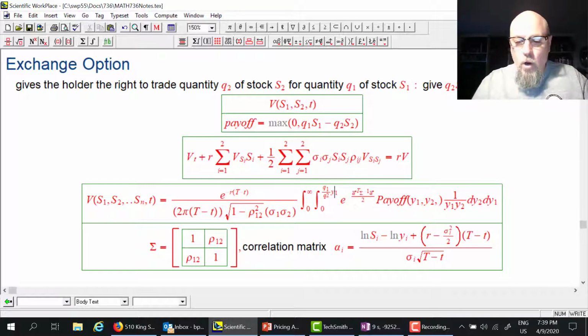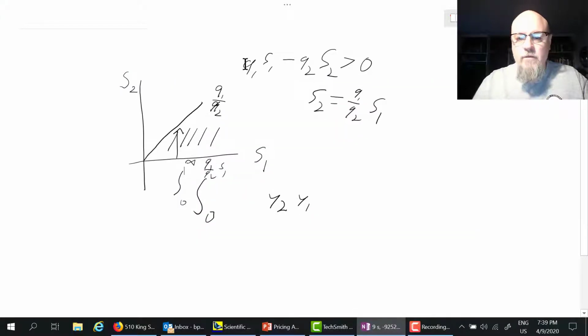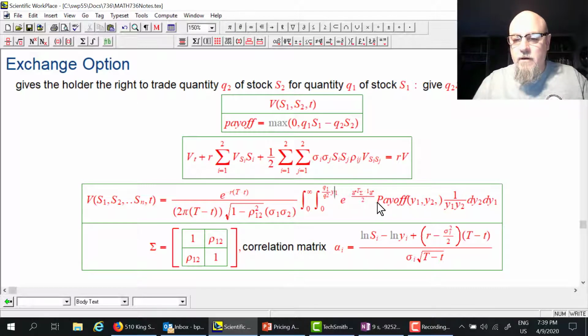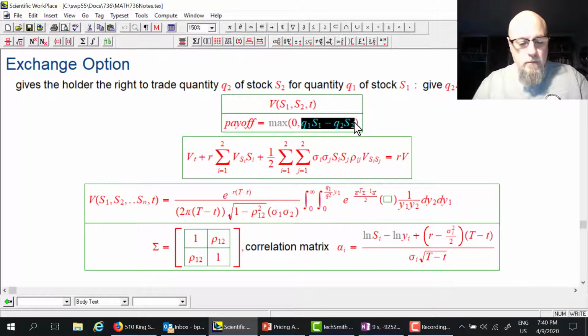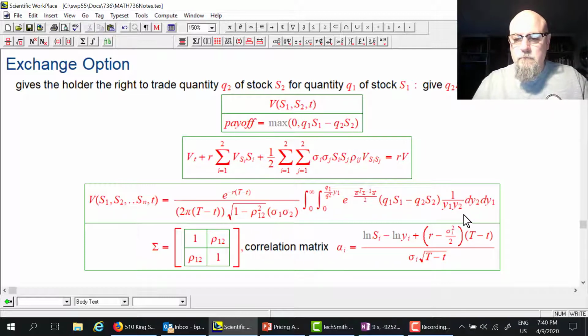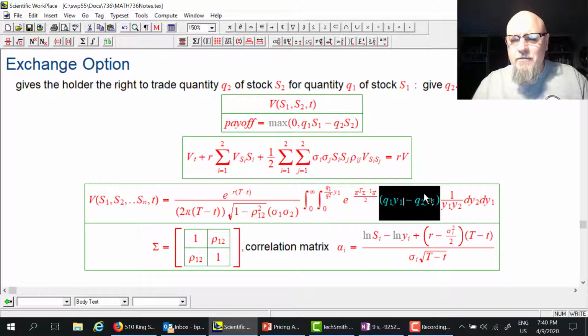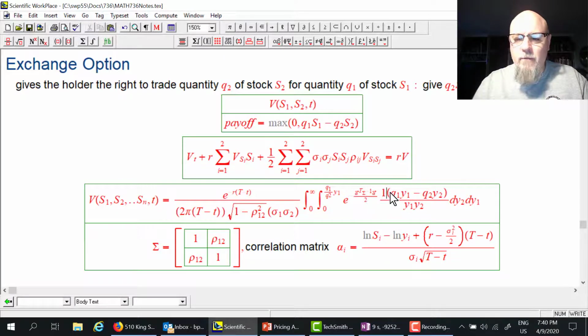Now we're only in the region where this expression is positive, so instead of writing payoff here, I can put in the actual positive piece, and I want to write that in terms of the y's. Really, I feel like this doesn't look too bad to integrate, right? We're cleaning it up.